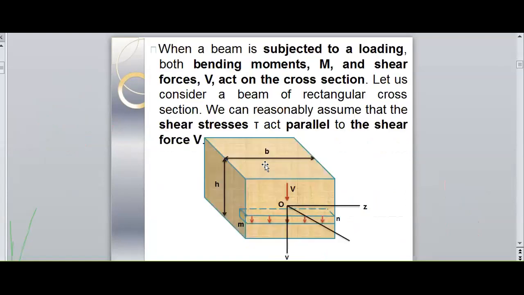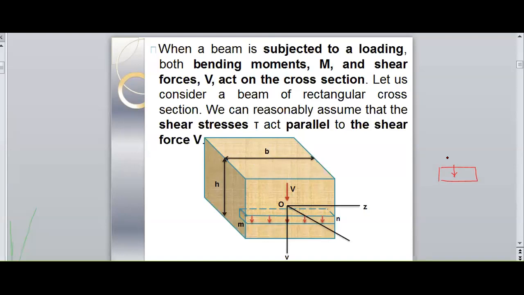If I am considering a beam and the shear force is applied on the beam, due to the shear force a parallel shear force will be developed, that is, shear stresses will be developed on the cross section of the beam on small fibers.